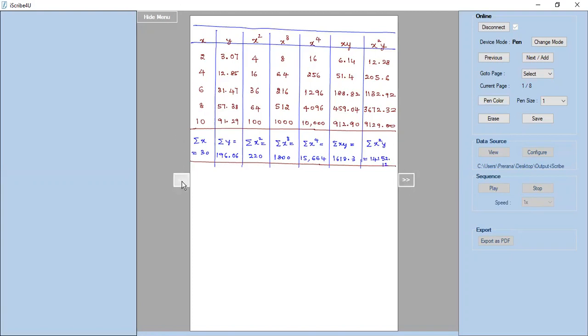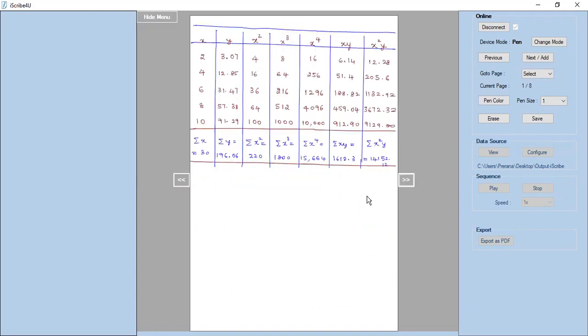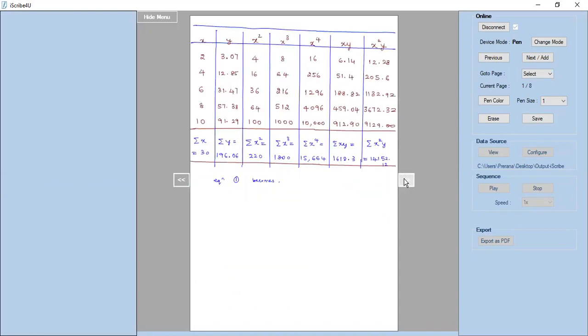Now what shall we do of all these summations? We need to substitute into equation 1. That is the normal equations what we have already written. We will substitute into equation 1 and solve them. So equation 1 becomes, while substituting, we always take care that RHS is written in the LHS, LHS is written in the RHS, just for convenient to solve in the calculator. So we get 220A plus 30B plus 5C is equal to 196.06.